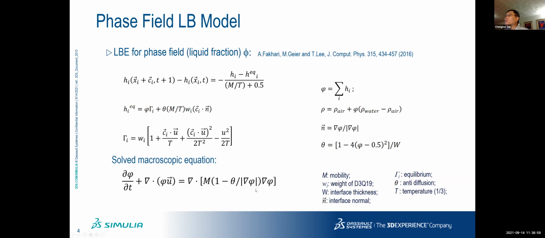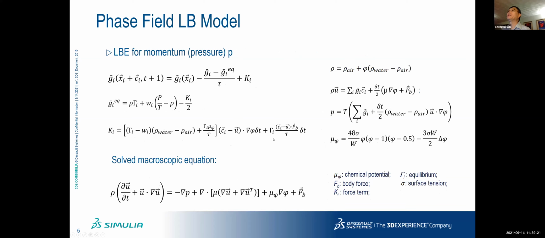Here we have a phi term and a theta term. This is a negative diffusion term, which can maintain the prescribed interface thickness.